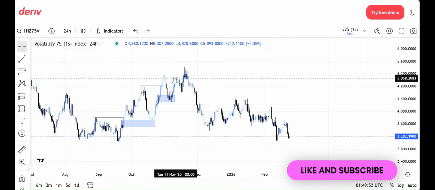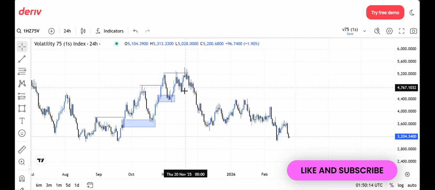We saw weakness, meaning the buyers, where there was a rejection here, such that the buyers did not win. It was the sellers, the bears, that actually took over the market, so it couldn't break it further.